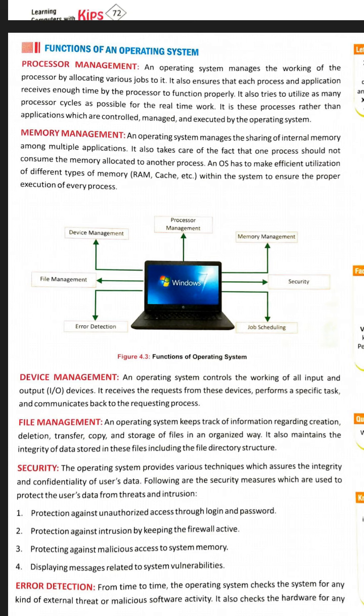Security: unauthorized access, passwords, keeping firewall activities, etc., all managed by the operating system. Lastly, error detection: any kind of error is also managed by the operating system.